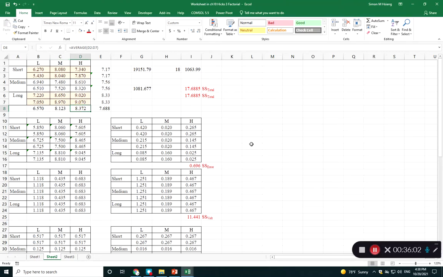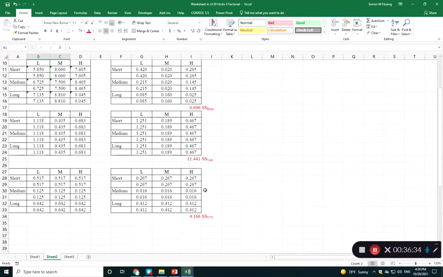So in other words, when I'm done, depending on how you look at it, 6 degrees of freedom this way, or 6 degrees of freedom for three subway stations for short, medium, and long, or 3 subway stations vertically, then you can figure out the total sum of square. Okay? Hold on 1 second.